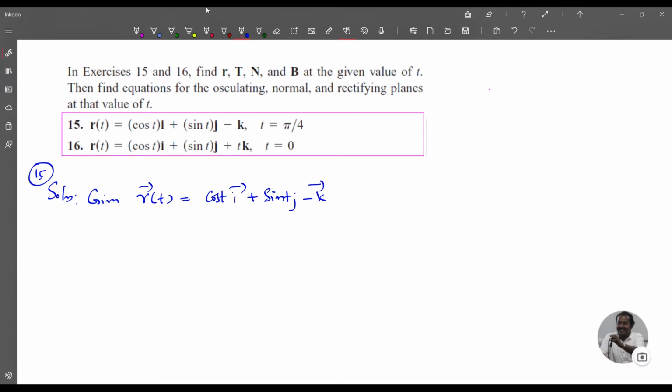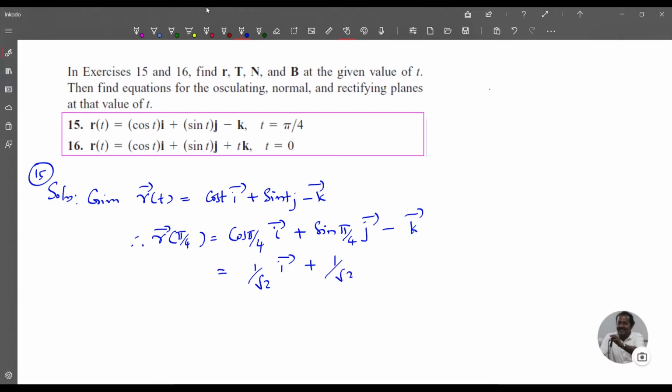Therefore, R at pi by 4 is cos pi by 4 i plus sin pi by 4 j minus k. So this is equal to 1 by root 2 i plus 1 by root 2 j minus k. So this is R of pi by 4.